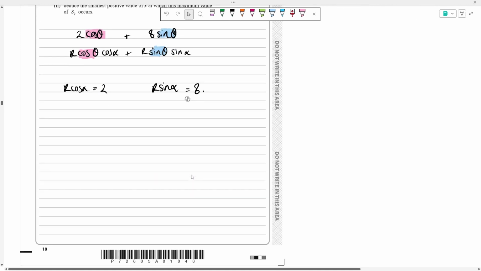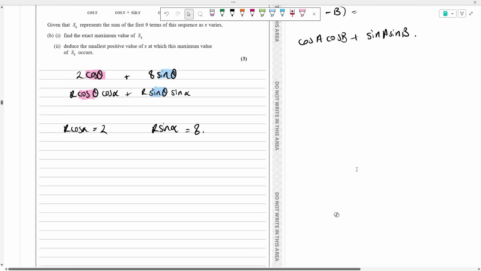Now, if you've ever looked at the unit circle in any way or form, and to be fair, you don't necessarily need the unit circle, but let's say we square both of these. I end up with R squared cos squared alpha is equal to 4, and R squared sin squared alpha is equal to 64. If I add both of my terms together, I end up with R squared cos squared alpha plus R squared sin squared alpha is equal to 68.